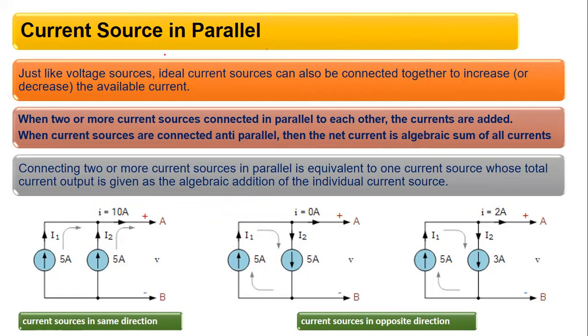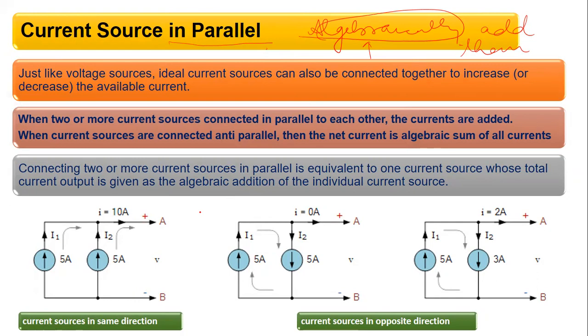If you have the current sources connected in parallel, you can algebraically add them. Now, when we use the word algebraic, we are also considering the direction of the arrow of the current source.